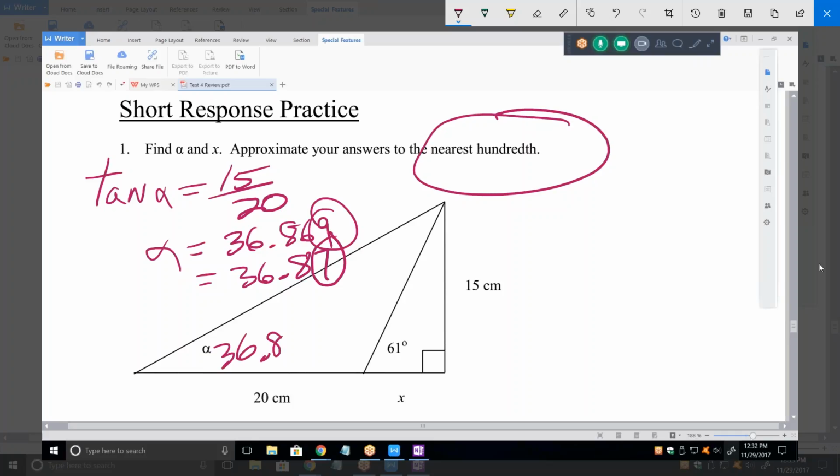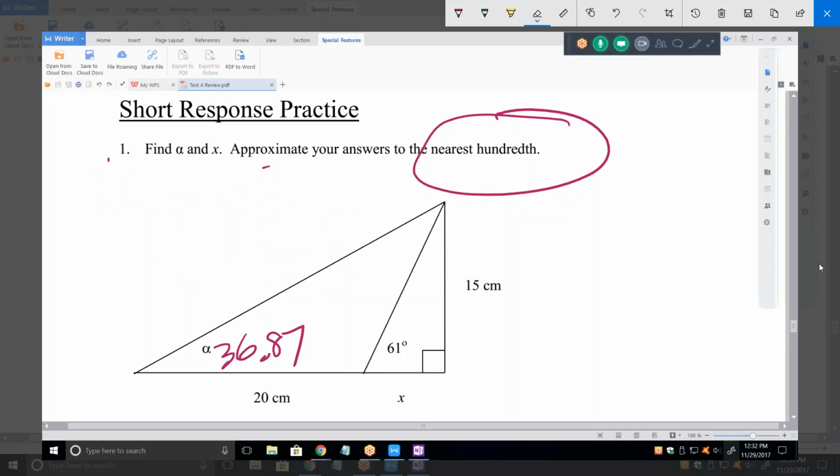36.87. Okay. Now, that makes sense. That certainly is a smaller angle than our 61-degree angle. All right, so give me an equation for solving for x.